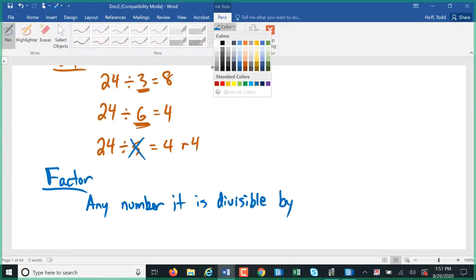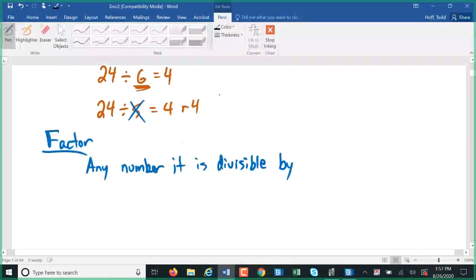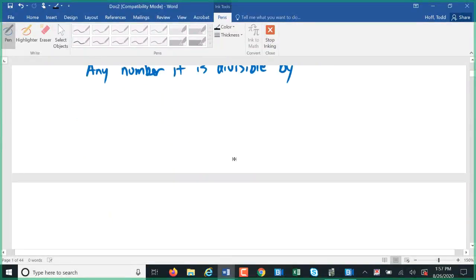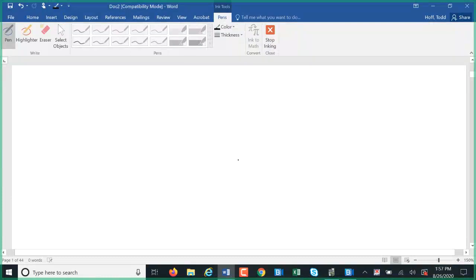So let's take a look here at some little shortcut rules that help us quickly decide if a number can be divided by another number. Let's look at the number 2. How can we tell if a number is divisible by 2? It's even, yes.